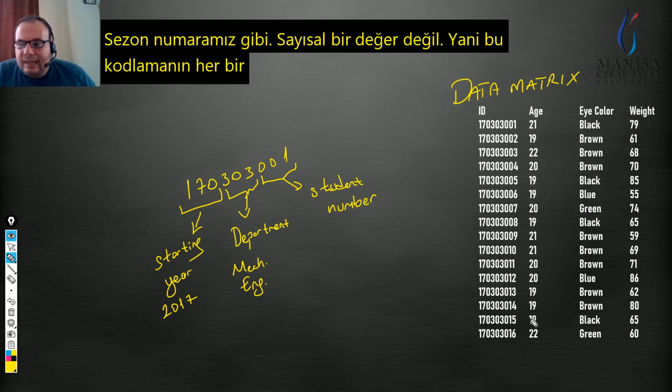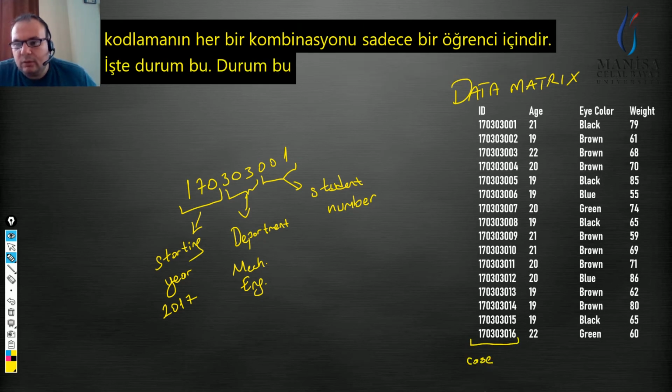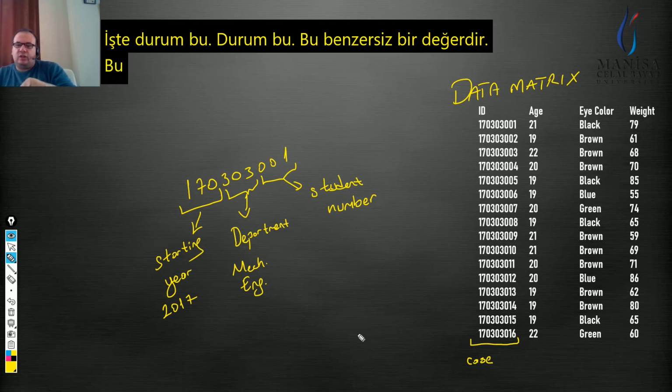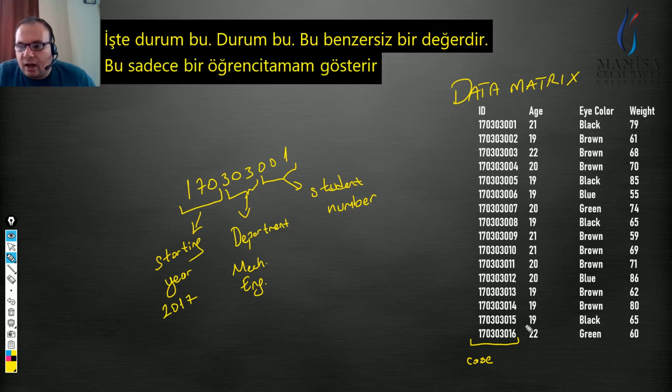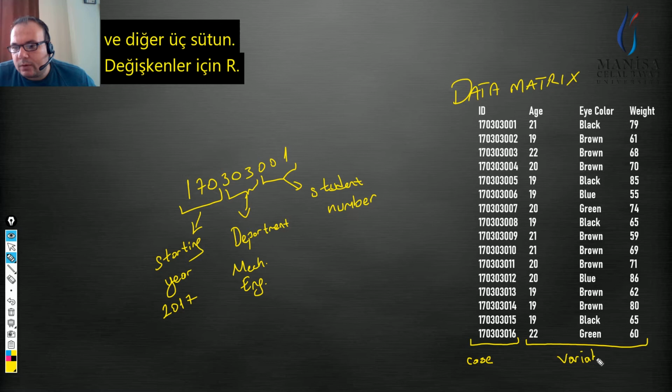So this is the case. This is a unique value that indicates just one student. Okay, this is the case. And the other three columns are for variables, because they're about the properties of these students.